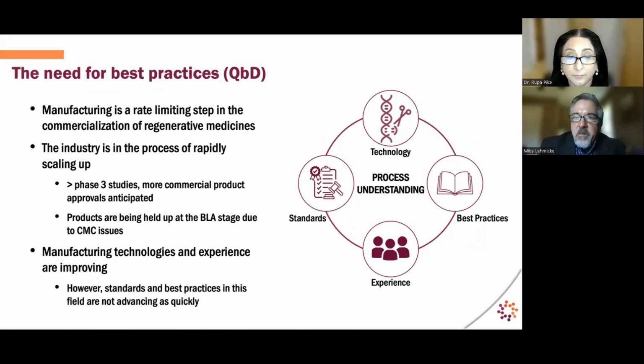We've identified with our members the need for best practices, specifically quality by design principles in the manufacture of cell and gene therapies. As I'm sure you all know and are experiencing, manufacturing is a rate limiting step in the commercialization of regenerative medicines. And until we can address that, it's going to affect patient access to these important therapies.